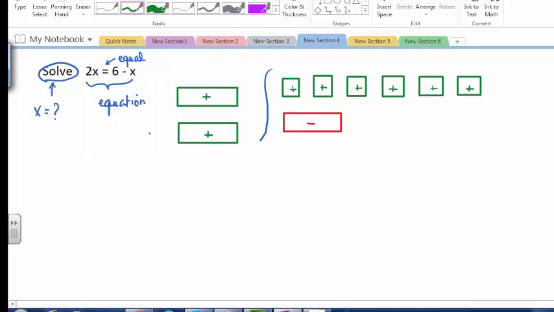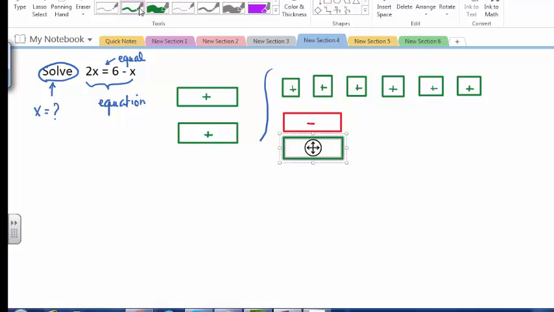I can add a green rectangle here, with a positive sign. Someone will tell me, now you are changing the equation. No, I'm not going to change the equation.